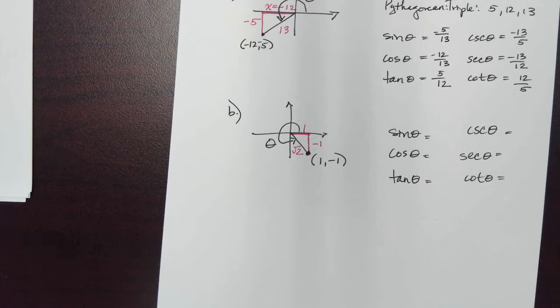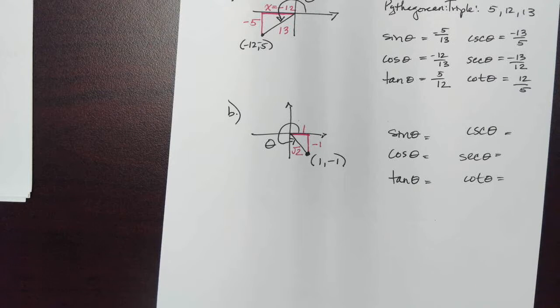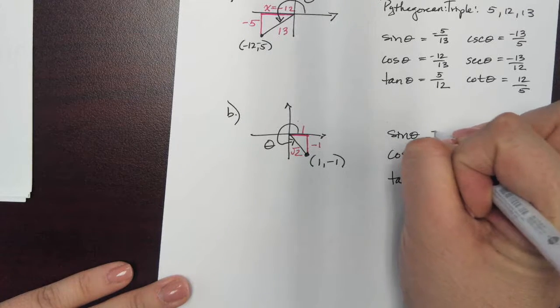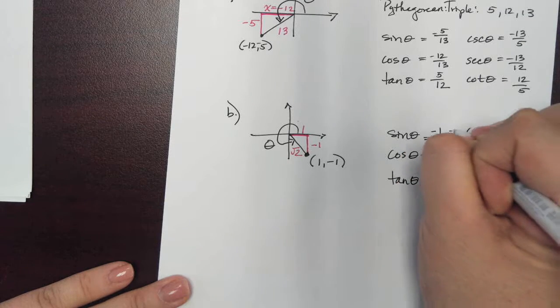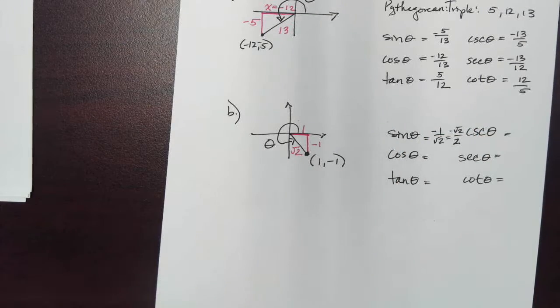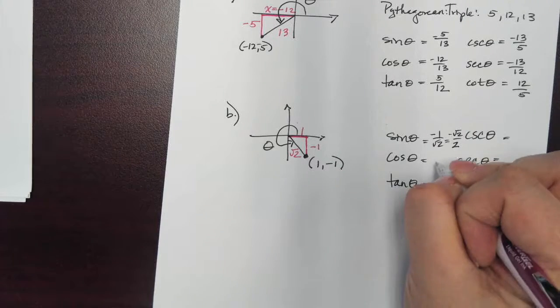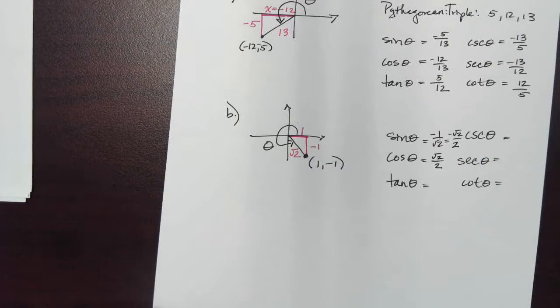What is sine in this case? It's y over r, so it's negative 1 over square root 2, which is negative square root 2 over 2. Cosine theta is going to be square root 2 over 2. What about tangent theta?